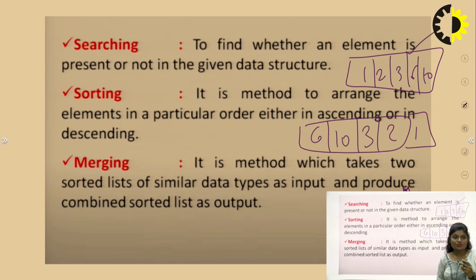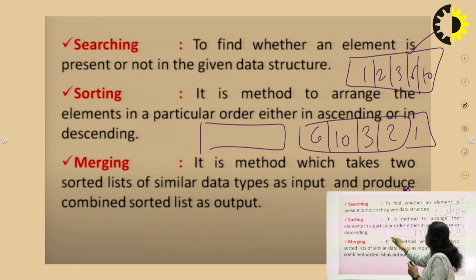Second is the merging operation. Merging is a method which takes two sorted lists of similar data type as input and produces a combined sorted list as output. In merging, if you take two arrays, array one and array two, and you want to combine them, then you make one array. It's called merging. Suppose I take 6, 10, 3, 2, 1 and arrange this.